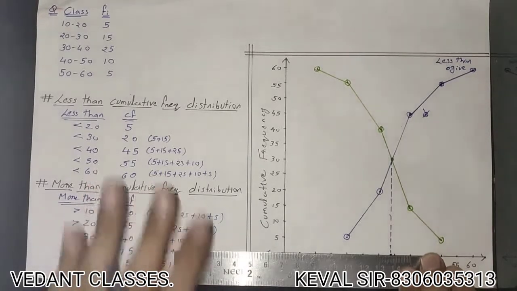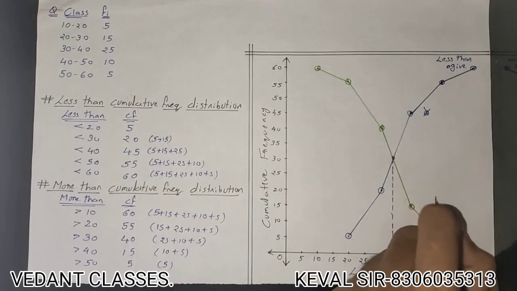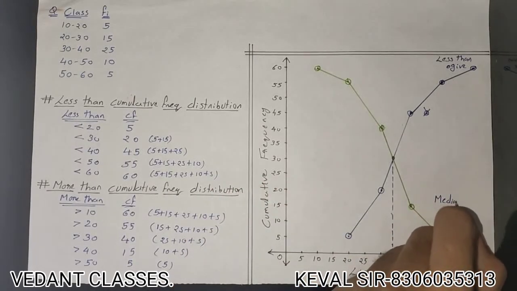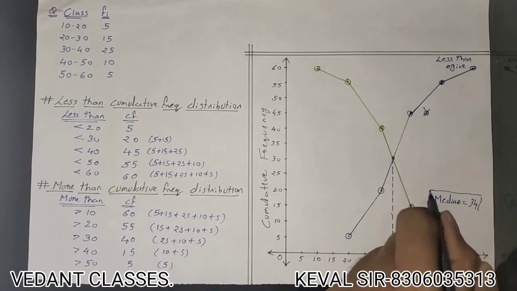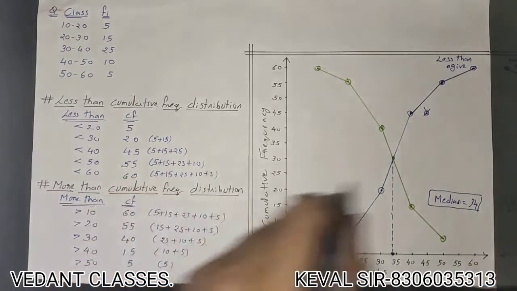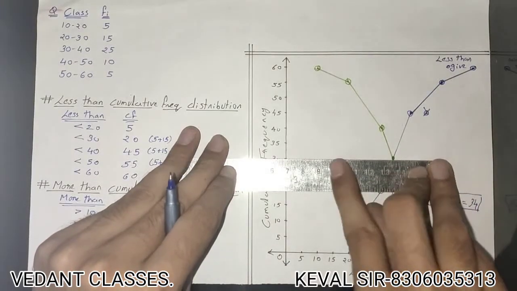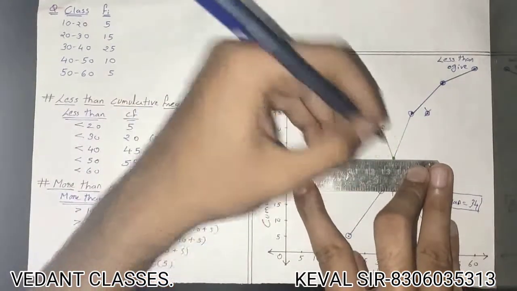According to the scale, the value of the median must be 34. According to the graph, we got the median between 30 to 35 and this value is 34. Here the corresponding value must be n by 2.